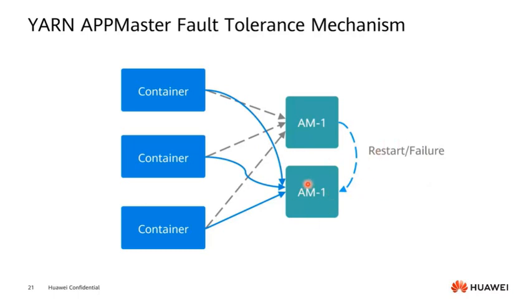But for services that run for a long period of time, users don't want the entire platform to stop because of the failure of an application master. Therefore, Yarn supports the feature of preserving container status when starting a new application master, so that the tasks in these containers can run continuously without any failures.